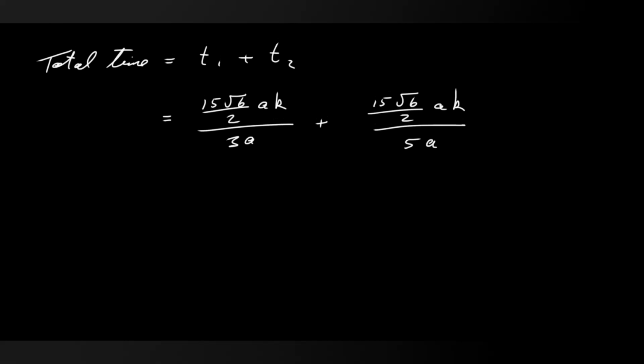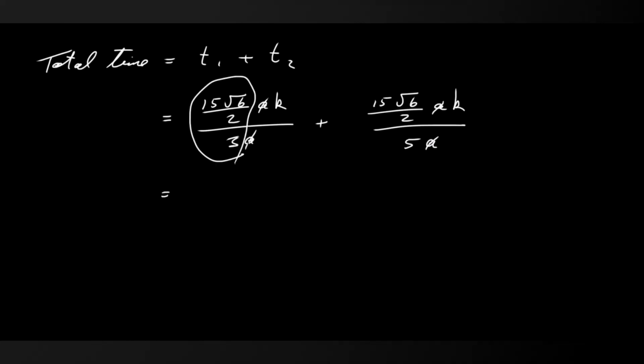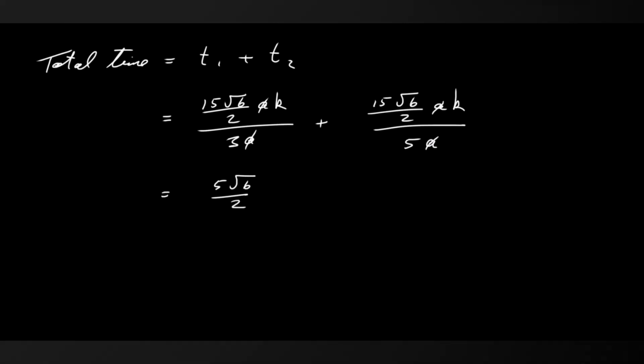So let's just divide all this up. So let's see, we have the a's will cancel anyway, and we just have to divide 3 into this here. Well, if we do that, we'll get 5√6 over 2, and we have k there as well. And now we just got to do this bit here. So when you do that on your calculator, you'll get 3√6 over 2 times k.